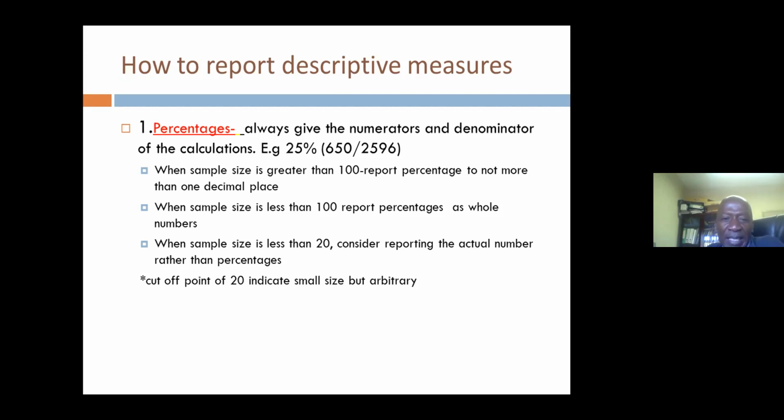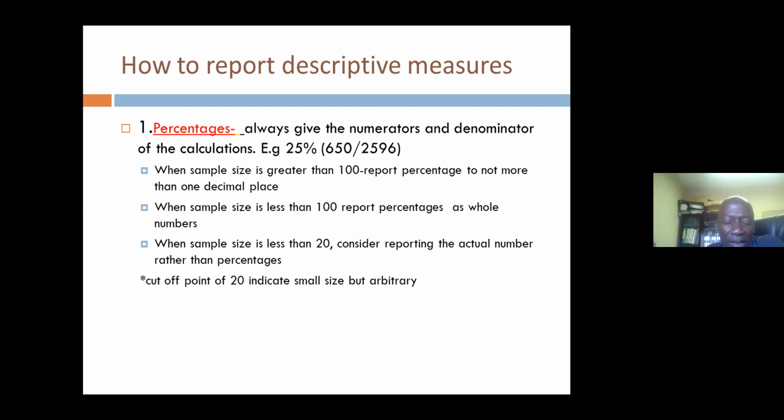For sample size less than 100, report percentages as whole numbers. If sample size is less than 20, consider reporting the actual counts rather than the percentages. The cutoff of 20 indicates a small sample size, but that's just average. And this is just a guide, it's not cast in stone.